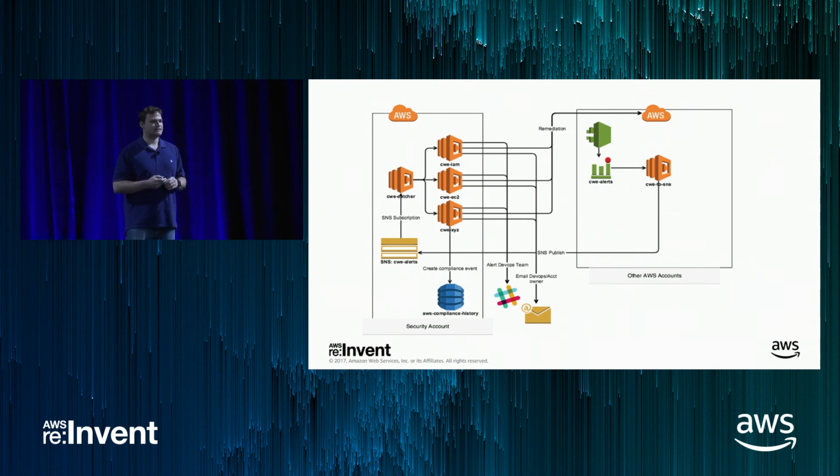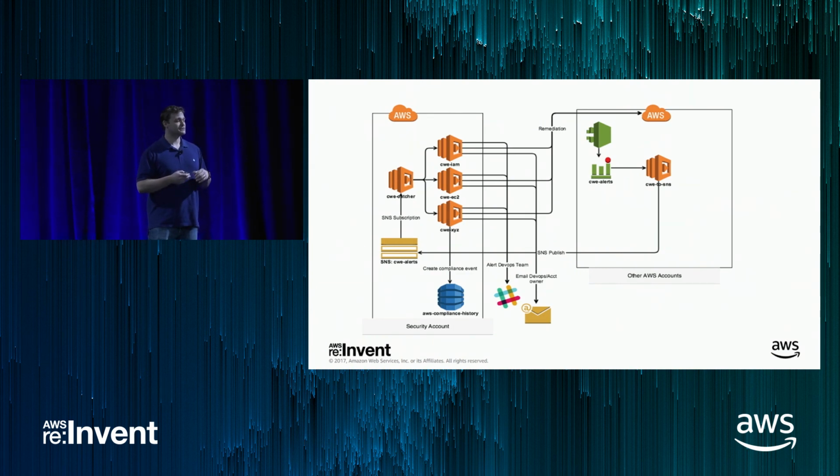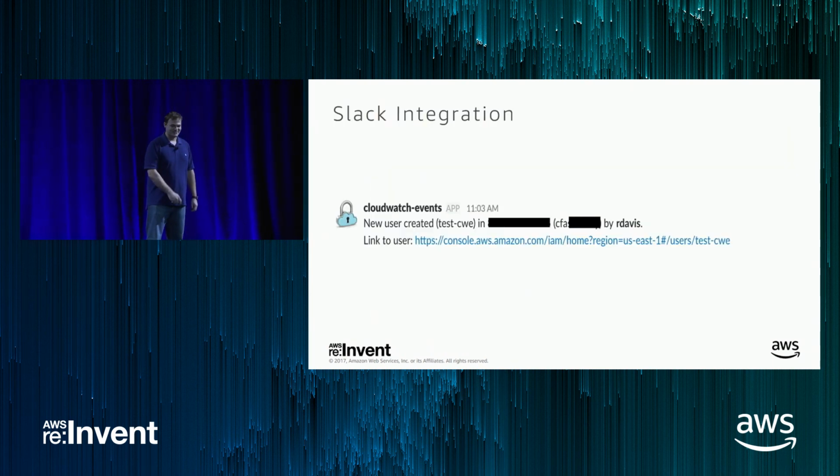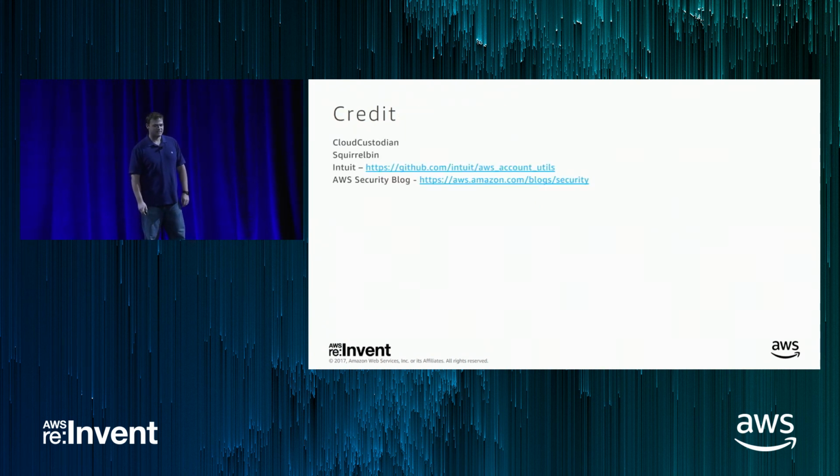Or we just remediate and say, hey, this is a non-compliant resource, we have taken care of it for you, it is now compliant, but your app might not work anymore. So that's the architecture diagram. This is just a quick screenshot of what an event looks like in Slack, and that's it.